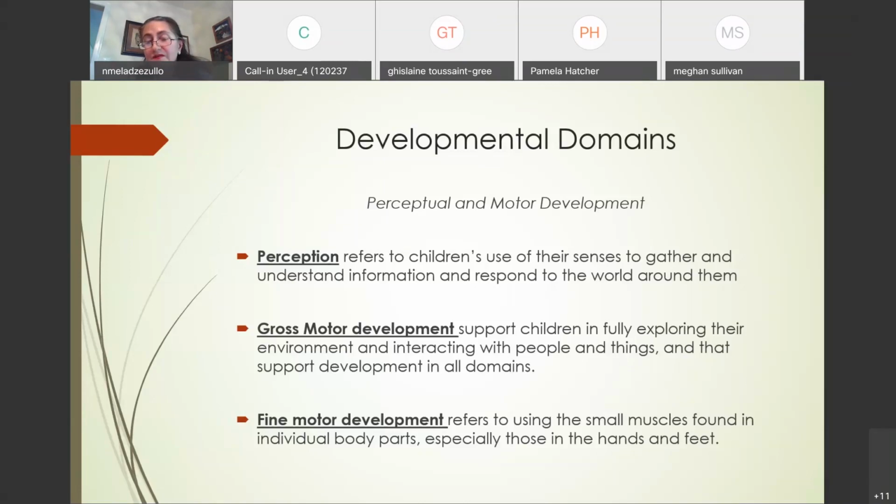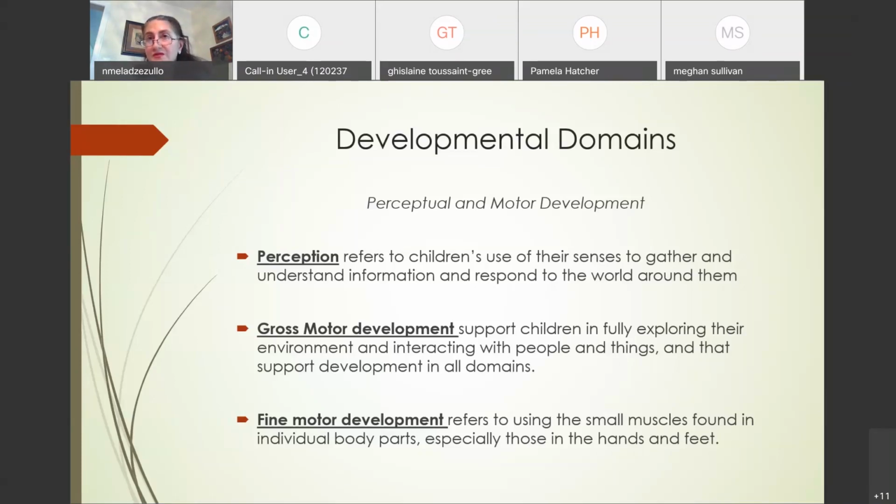And fine motor development refers to using the small muscles found in individual body parts, especially those in the hands and the feet. So when a child is trying to grasp a toy or shake it, or tries to pick up small pieces like Cheerios with his or her hands, or tries to move his feet, this is all fine motor development.